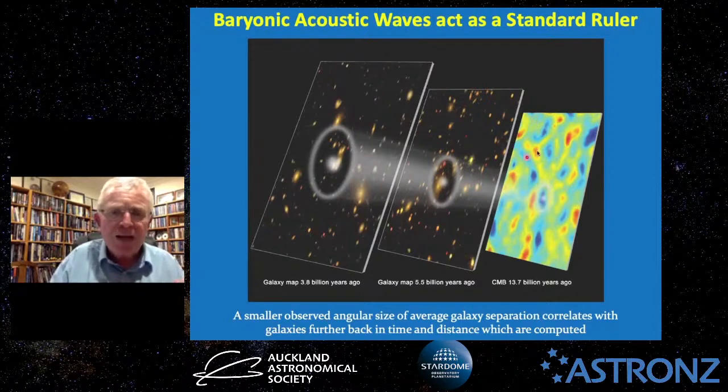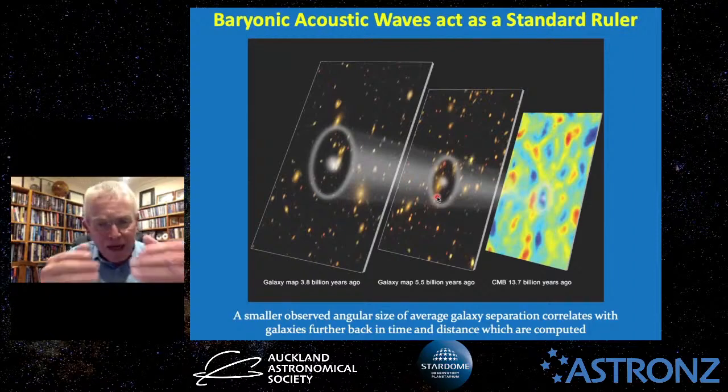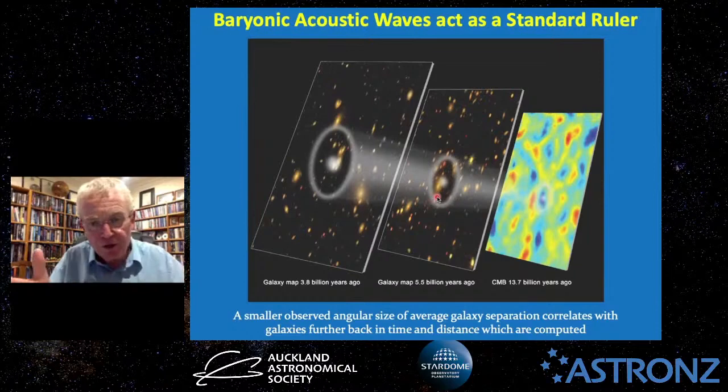So if you look back deep into space and you see arrangement of galaxies, and you measure the average separation of this sort of circular pattern, you put that into your computer and compare it with the size here from the cosmic microwave background and the size of today of 150 megaparsecs, you can work out when that occurred in the evolutionary expansion of the universe.